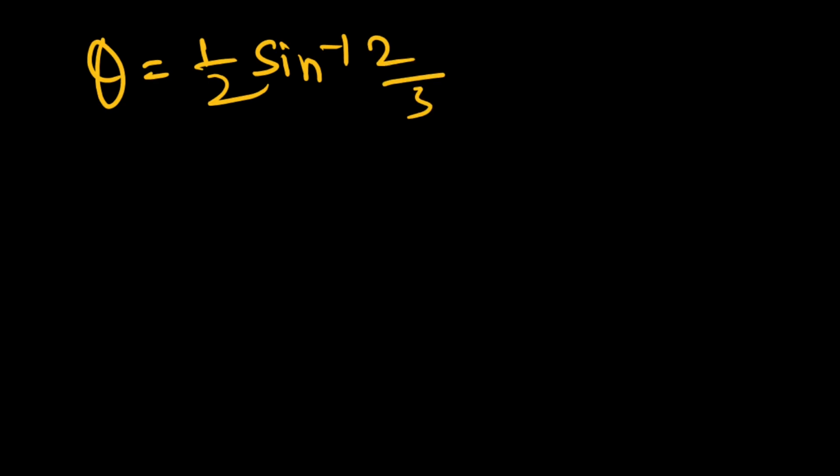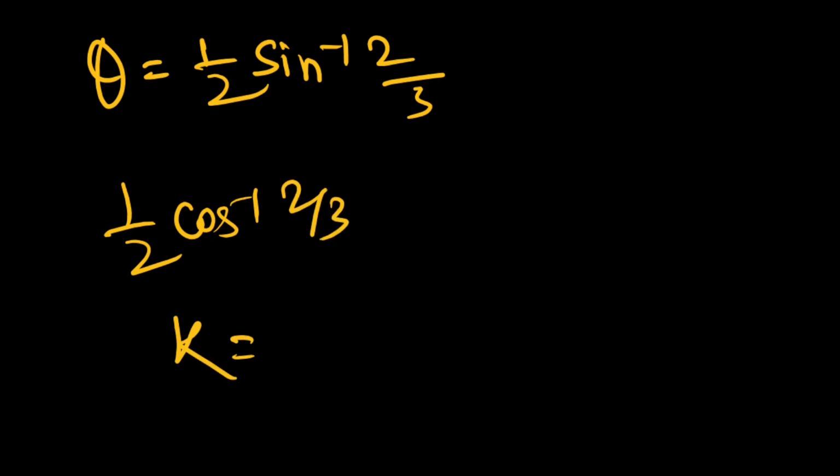Therefore, in the overall question, we first define theta as half of sine inverse 2 by 3, then find the value of half of cos inverse 2 by 3, and put it in the equation for k. Then we got k is equal to 3.